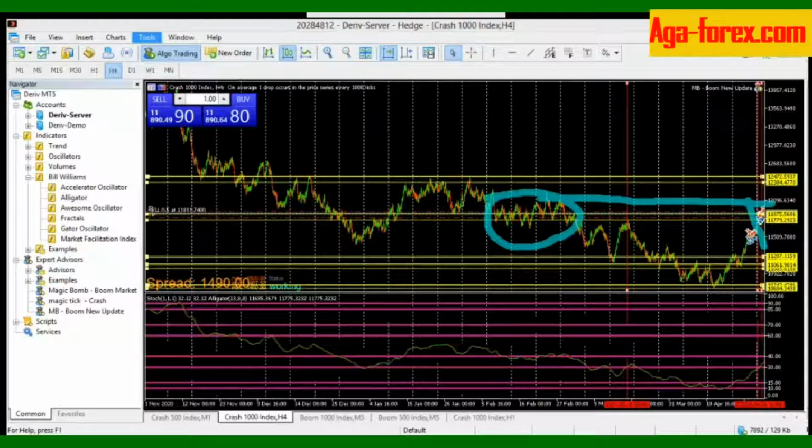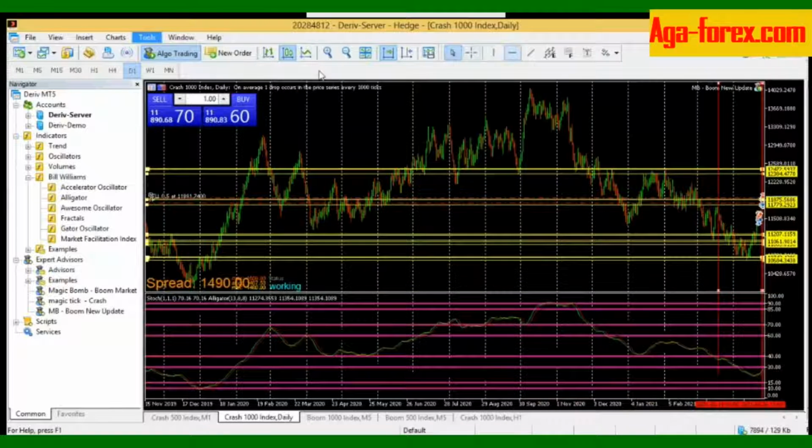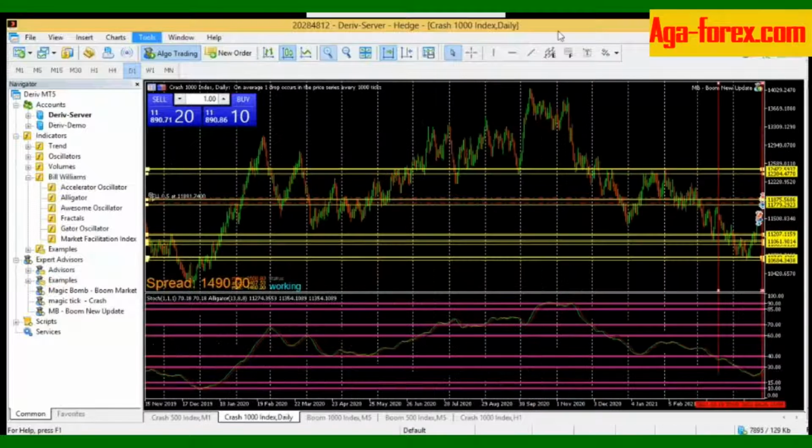Because typically, what is the overall trend? Look at it. The overall trend is downtrend. Look at it, the market is carving lower highs and lower lows.